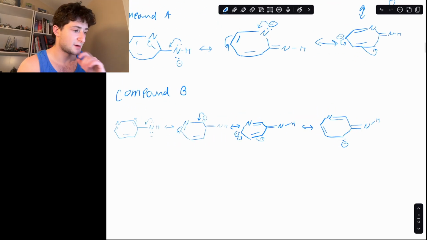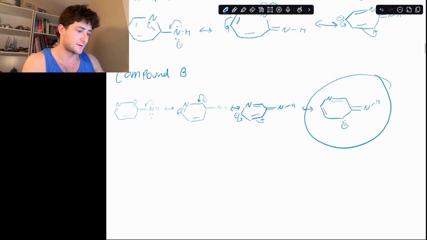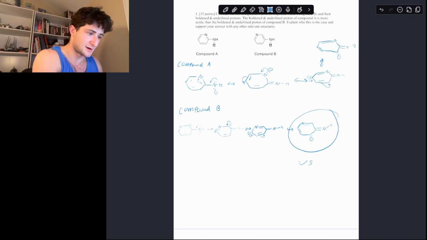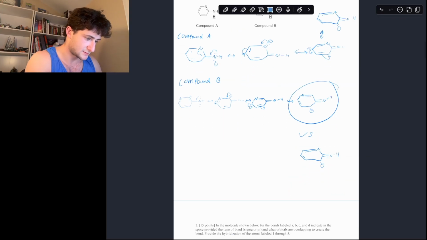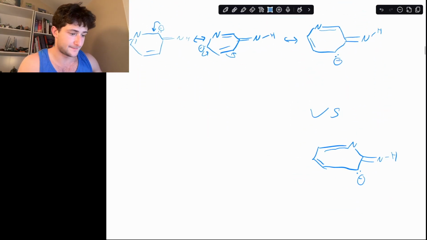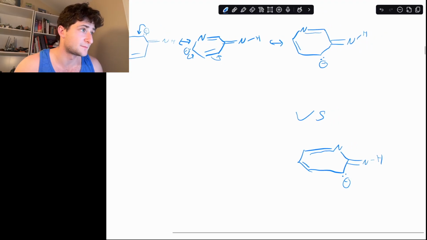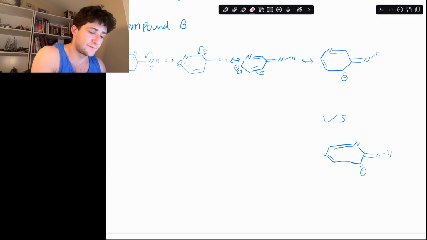Alright, so we got this compound versus, let's just get it right next to it for the fans to see. Alright. Which one has the more acidic proton? Oh no, it's not that. Sorry.